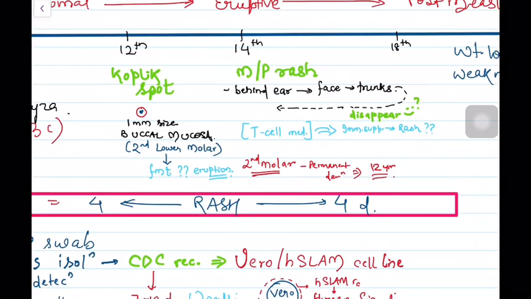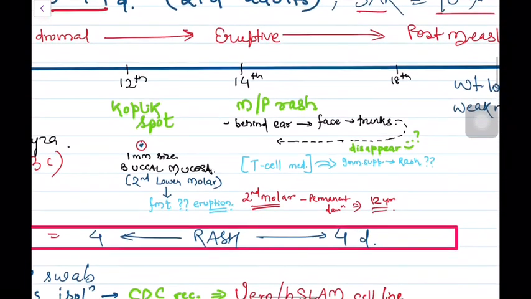So getting back to microbiology, on the 14th day, that is 2 days after Koplik spots, you can see the maculopapular rash. It is very characteristic, and this is your eruptive phase when your rashes erupt.